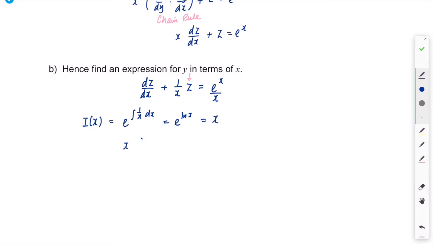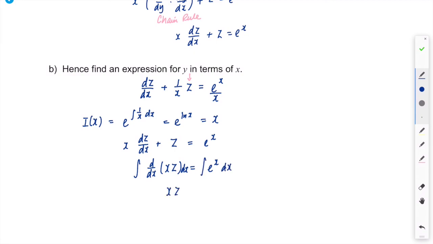Multiply this to every single term of this differential equation. I have d by dx of x times z equal to e to the power of x. And then you can integrate both sides.